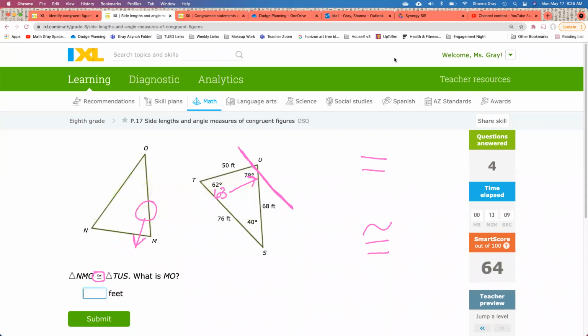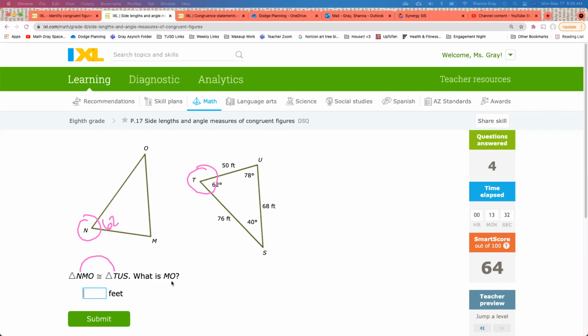Awesome. Okay, so be careful, make sure you're double checking and that you're actually matching pieces that go together. One of the ways you can do it is you can look at the way it's listed too. So if I'm looking at triangle NMO and TUS, that means N and T, since they're both listed first, are the same. So this would be 62 here.